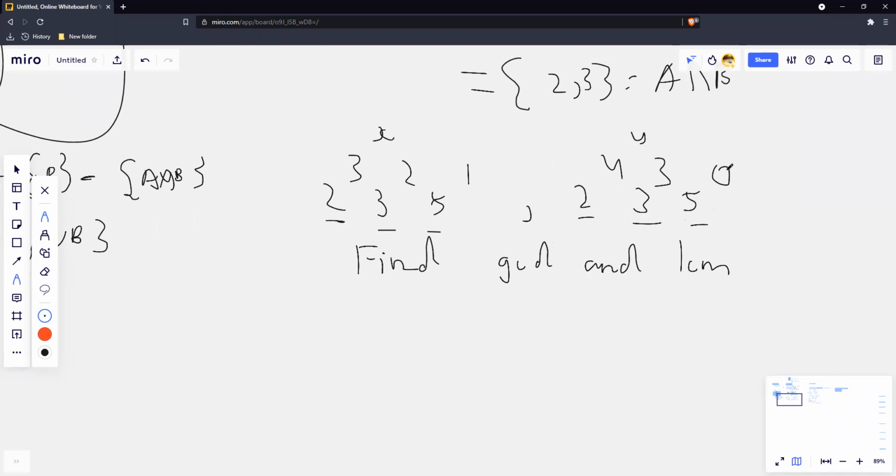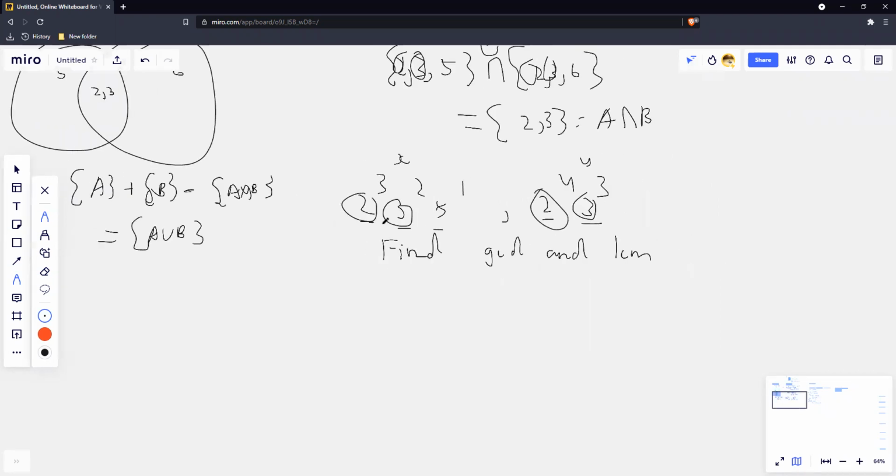Note that 5 to the power 0 is equal to 1. This was a trick question. Since 5 to the power of 0 is equal to 1, we can erase it from a prime factorization. Okay. So then the primes they have in common are 2 and 3 again, right?